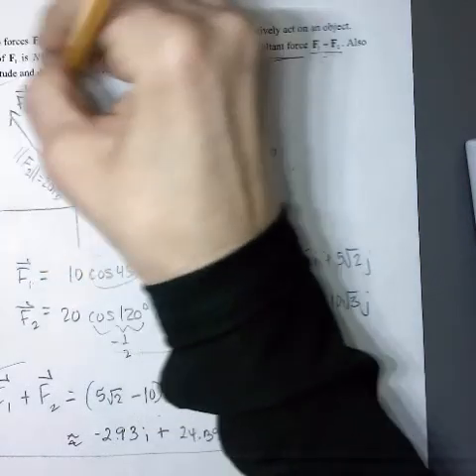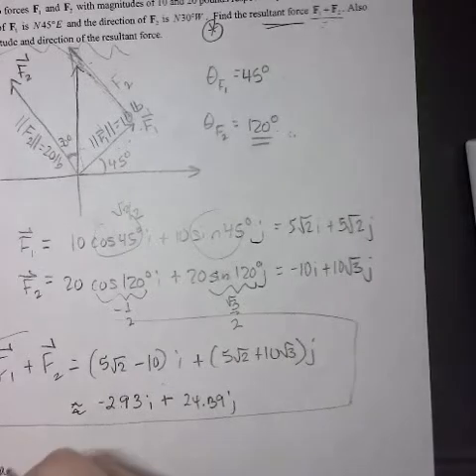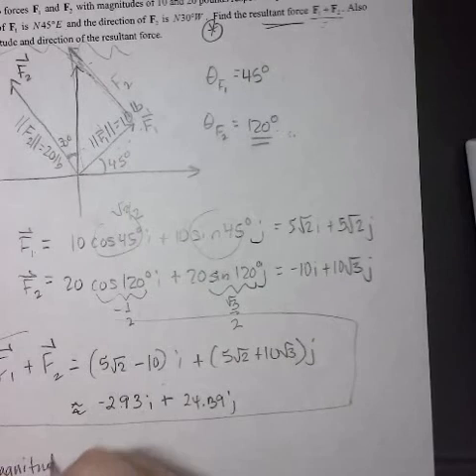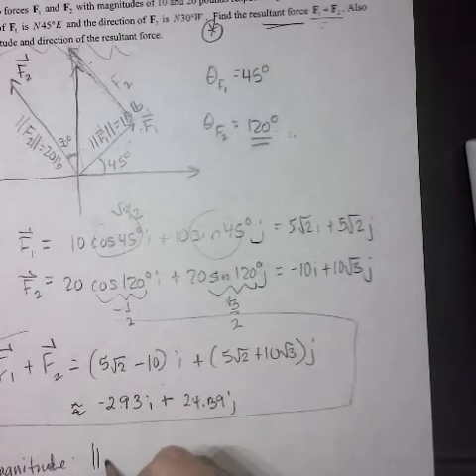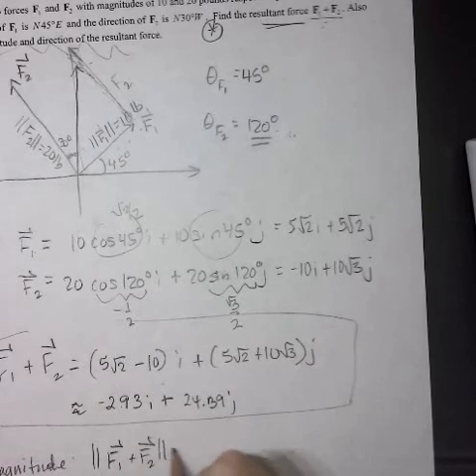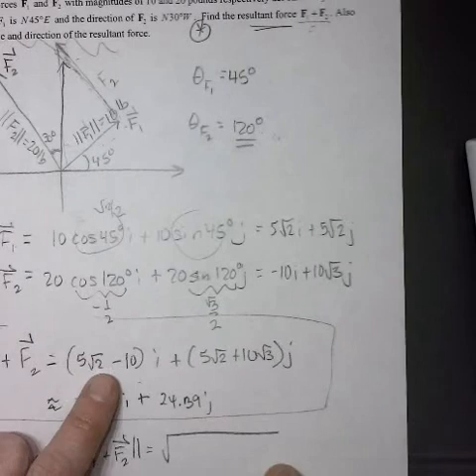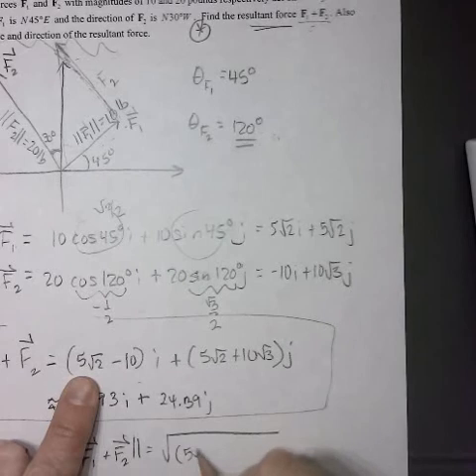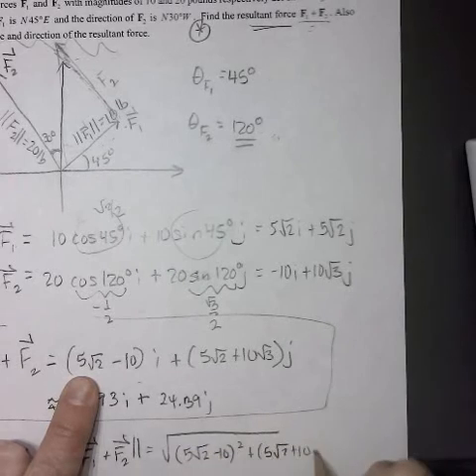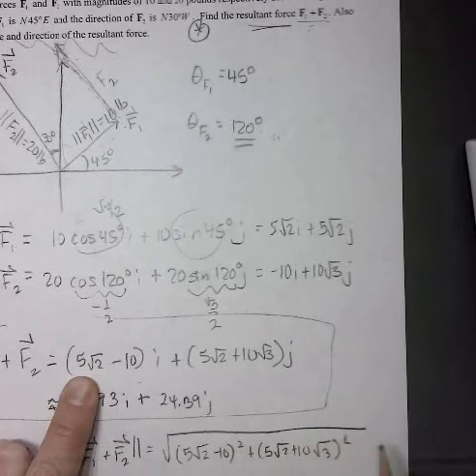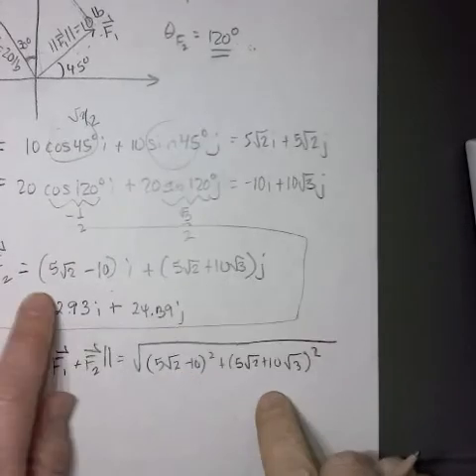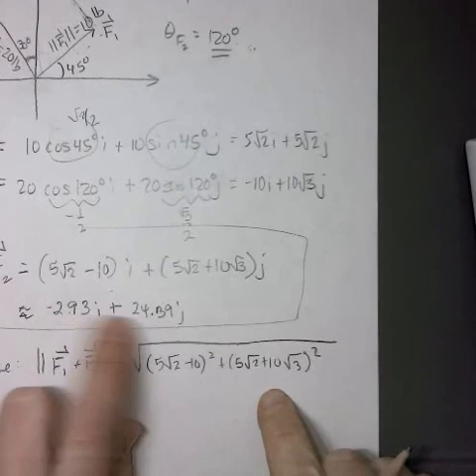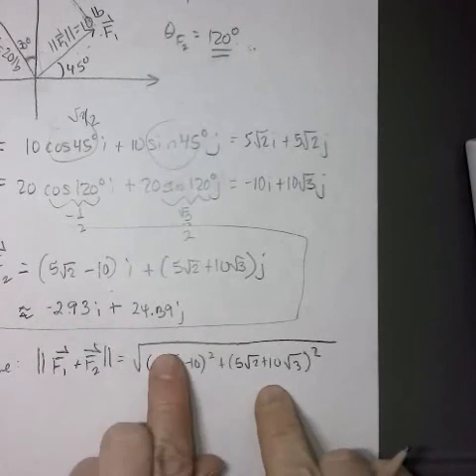Magnitude, of course, we just do, well, not absolute value, but magnitude of F1 plus F2 is the square root of this number squared plus this number squared. When you do this, if you use these numbers, just make sure you don't round these too much. You'll get a lot of round off error here if you round too much.